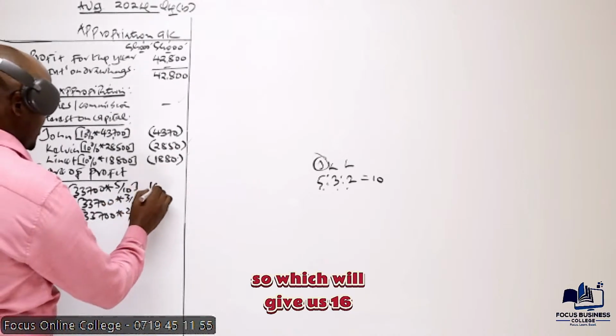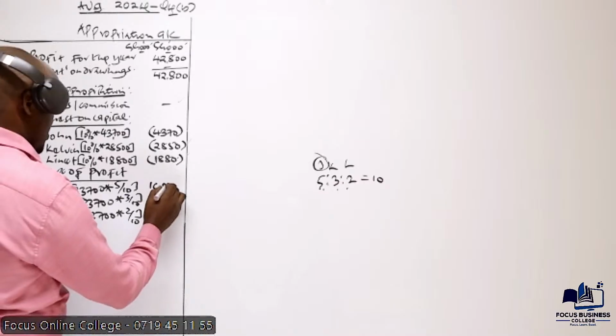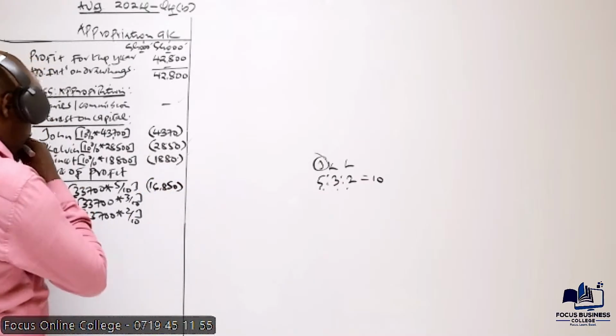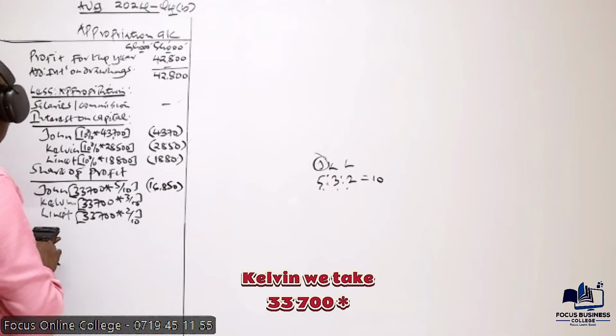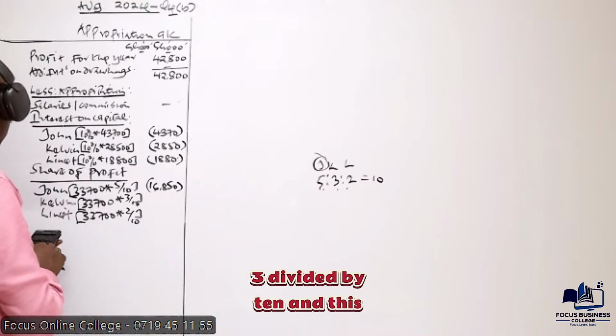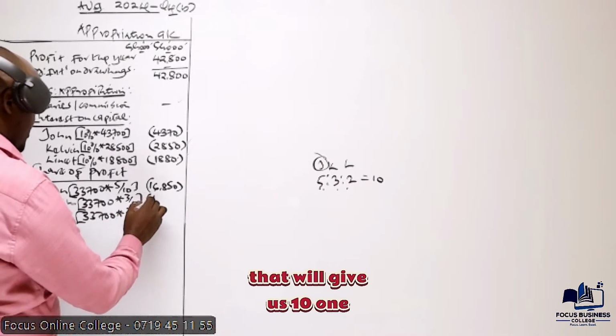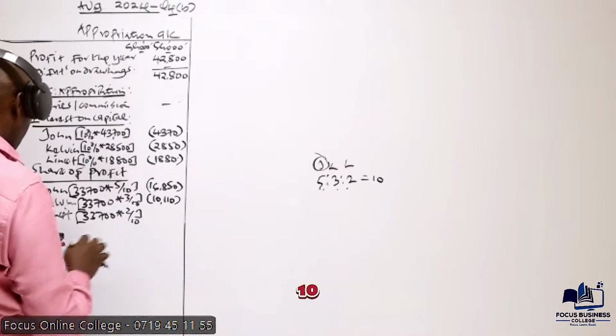Which will give us 16,850. Kelvin, we take 33,700 times 3 divided by 10, and basically that will give us 10,110.